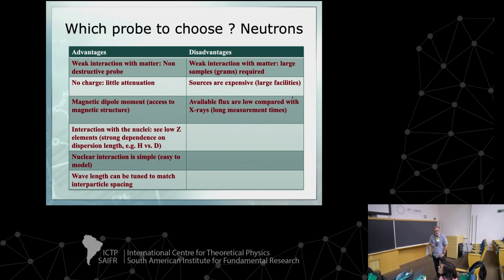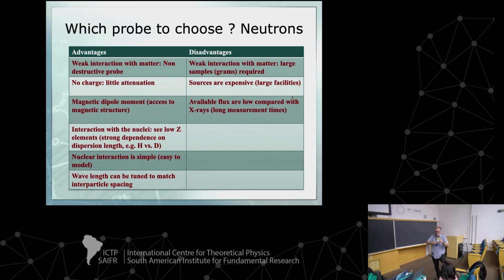They have a magnetic dipole, so you can actually sample the magnetic structure of samples, right? And the interaction with the nuclei depends a lot on the type of nuclei, and this is not easily predictable. The calculations to determine the interaction of the neutrons with the nuclei are really tough, and normally things are done in an experimental way.